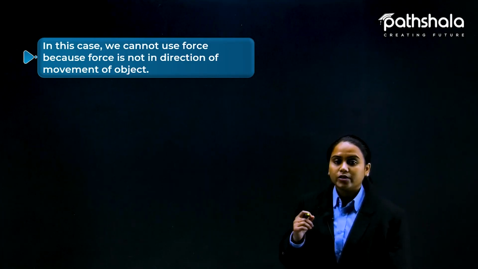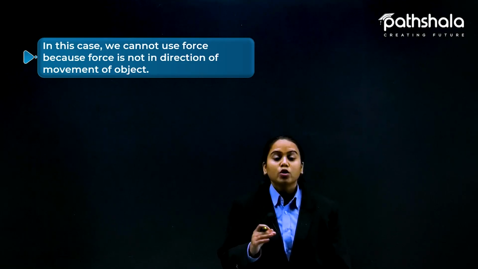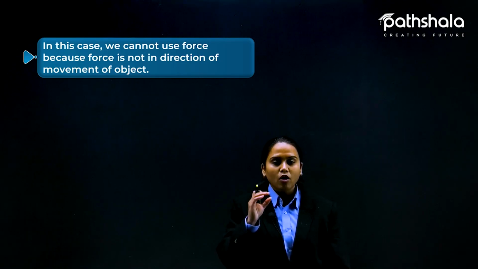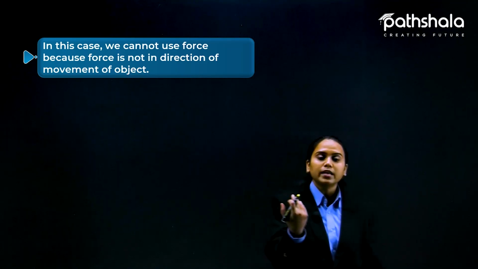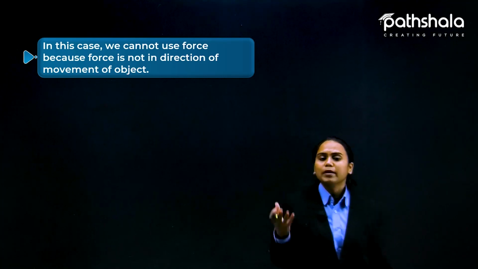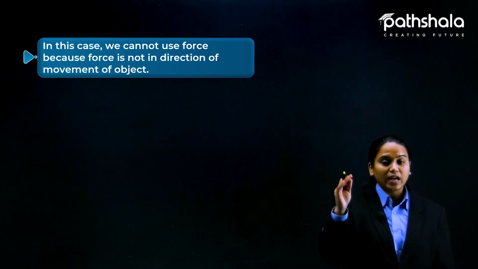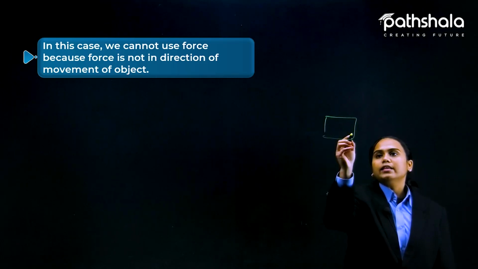Because in this condition, the movement of the body is not in the direction of the force. So we can say that some component, some vector of the force, is producing the motion in the object.